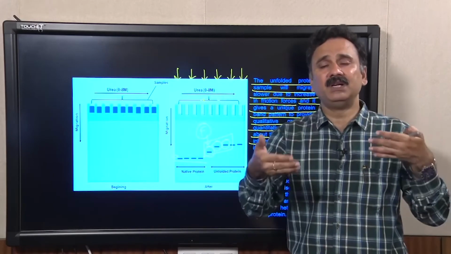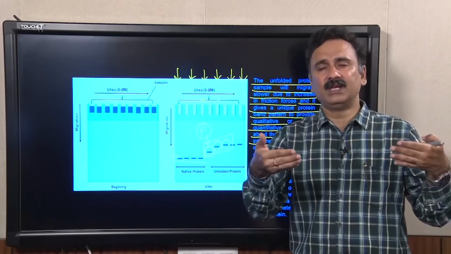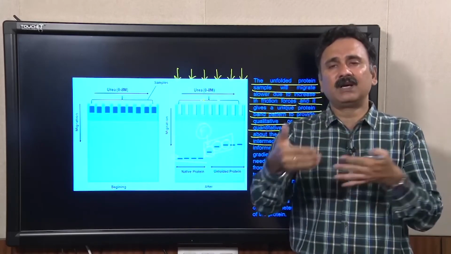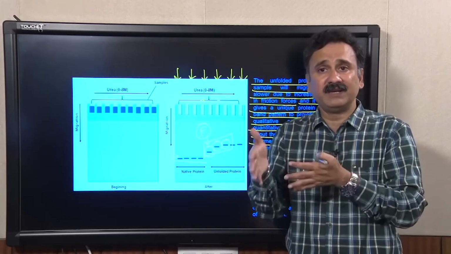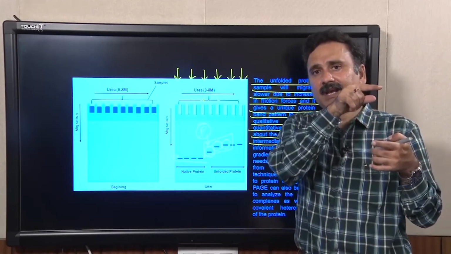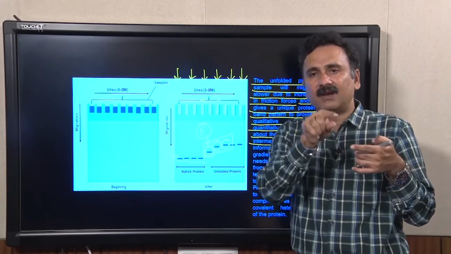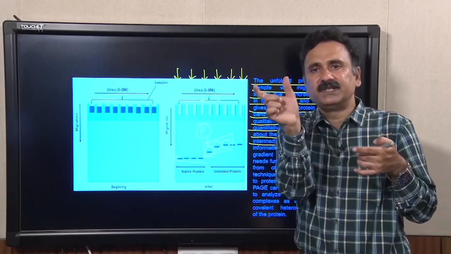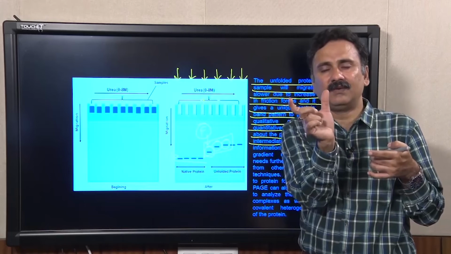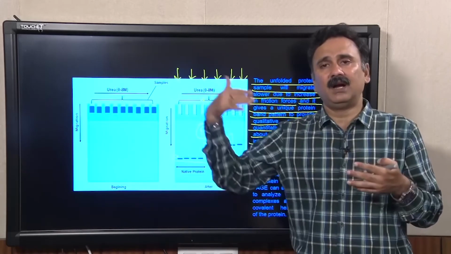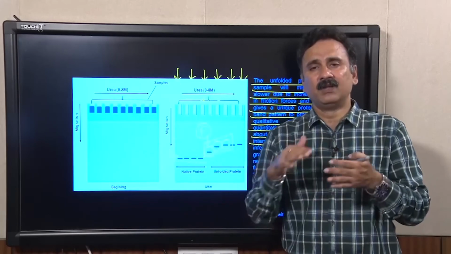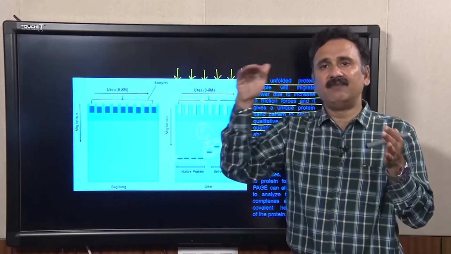determine the relative stability of two proteins, or even the different components of a protein. If the different components of a protein have different stability, what you will see is that it gets unfolded, then it remains, it opposes the denaturing agents, and then ultimately again it gets unfolded. That is how you may get a biphasic behavior.